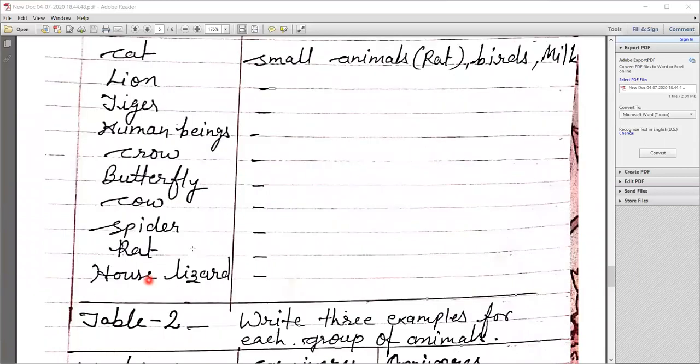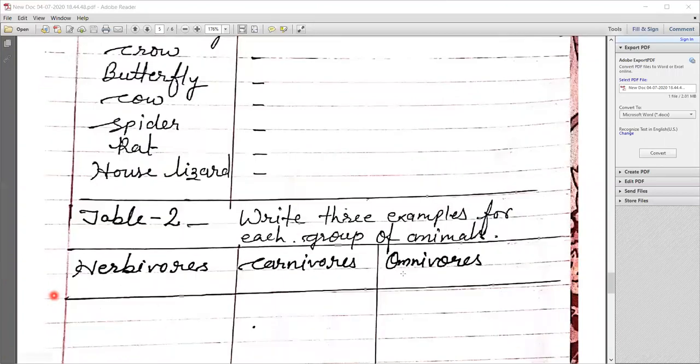In the second table, I have made three columns. Children, you have to write three examples for each group of animals. Table number 2, write three examples for each group of animals: herbivores, carnivores, and omnivores. Children, you have to complete this table.